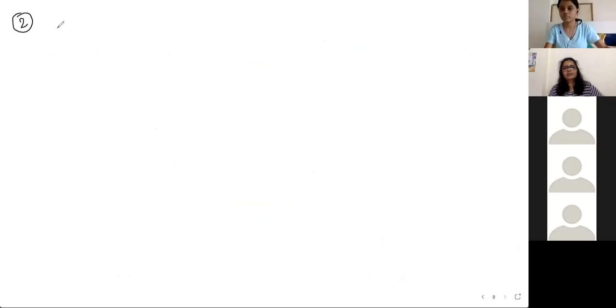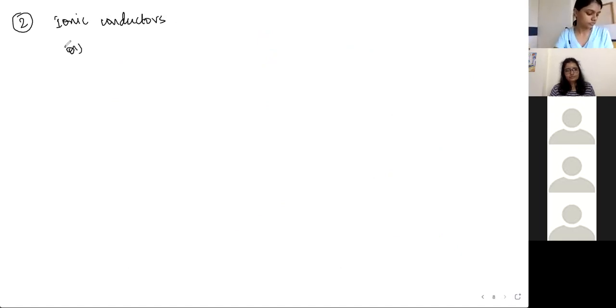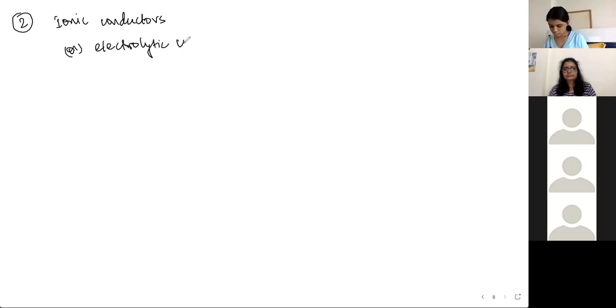Cool. Now the other type that we'll be talking about is called ionic conductors or electrolytic conductors. Electrolytic conduction. With electronic conductors, the primary carriers were electrons.